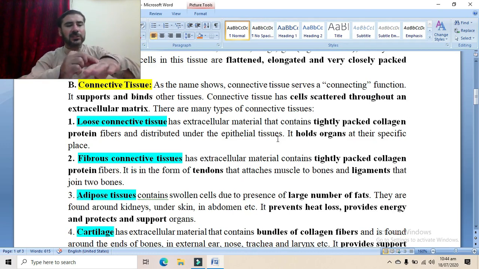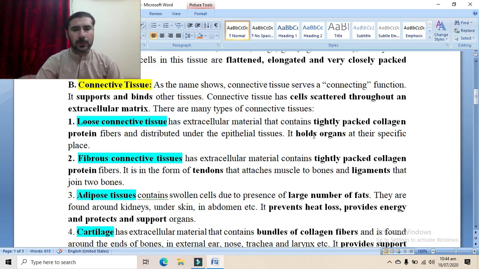So suppose this is the skin, so this is the outermost epithelial tissue, and beneath this tissue there is loose connective tissue. Above is the epithelial tissue and beneath that there is loose connective tissue. It holds organs at their specific place.